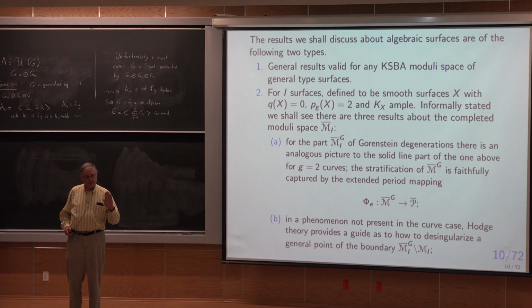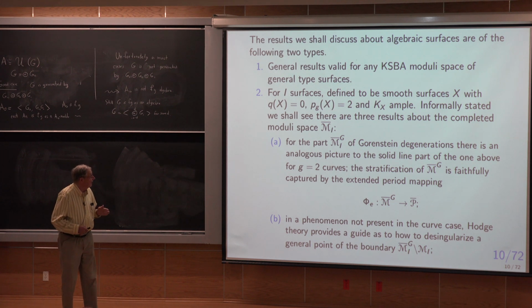They behave in many respects as if the variety were smooth. Duality is easy to use. Riemann-Roch seems to work in general the same way it does in the smooth case, and so on. And the non-Gorenstein ones are the ones which are not Gorenstein. You don't have this distinction for curves. It only appears for surfaces.